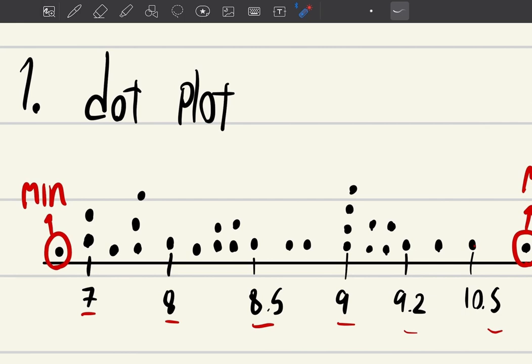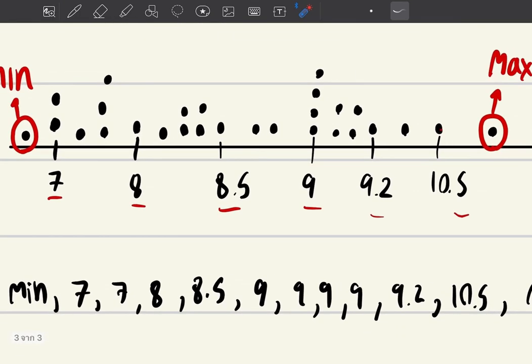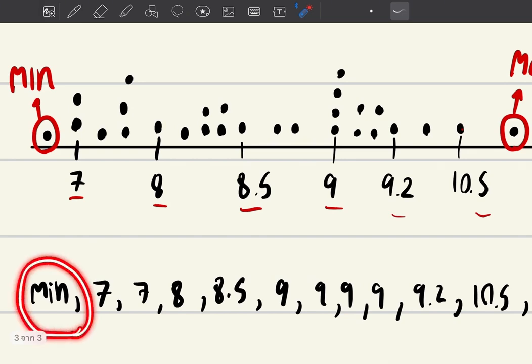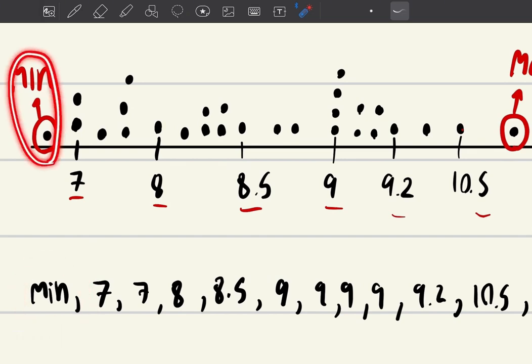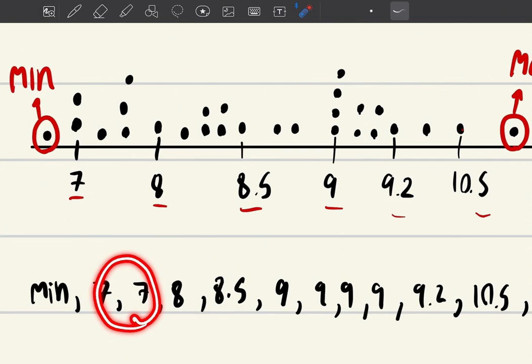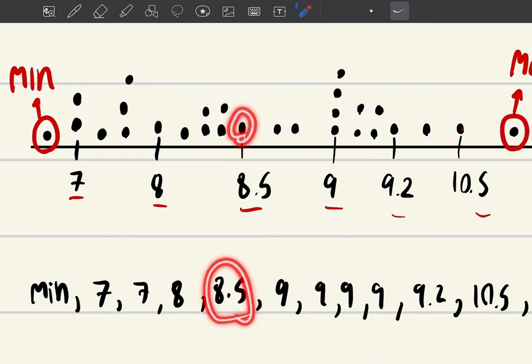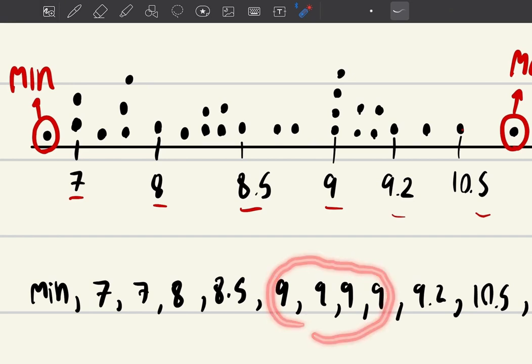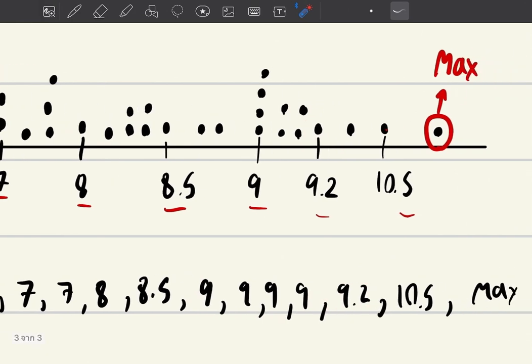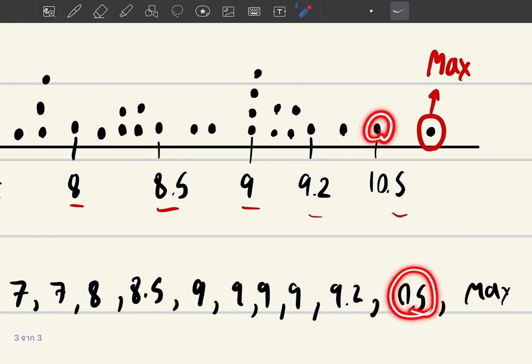To read this chart, it's going to be like this: minimum, 7, 7, 7, 7, 8, 8, 8.5, 8.5, 9, 9, 9, 9 because we have four 9s here, 9.2 and 10.5, and then max.